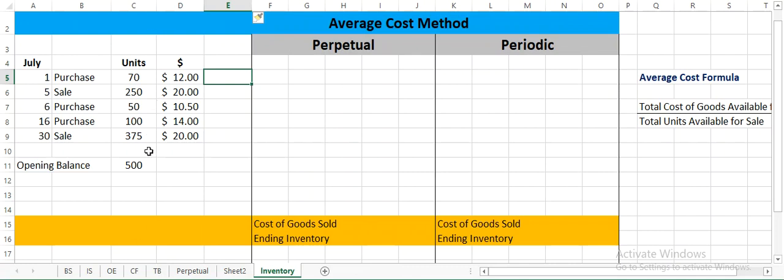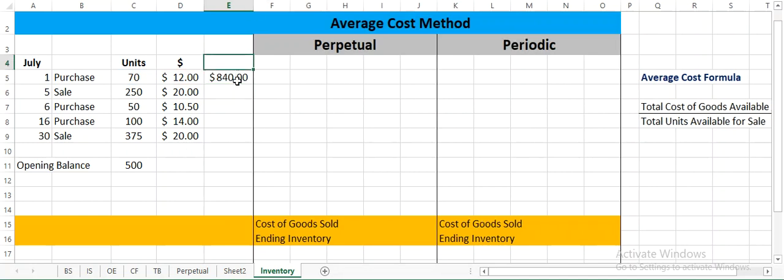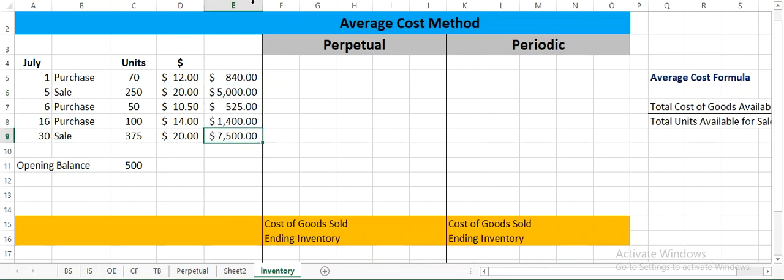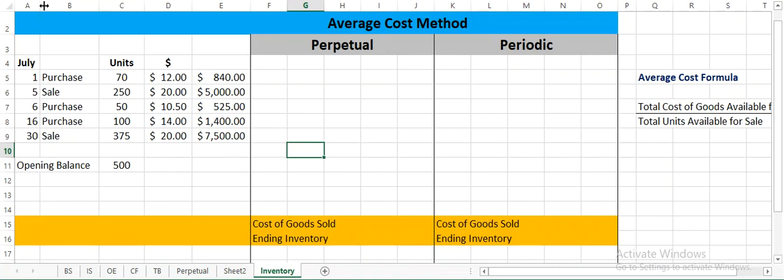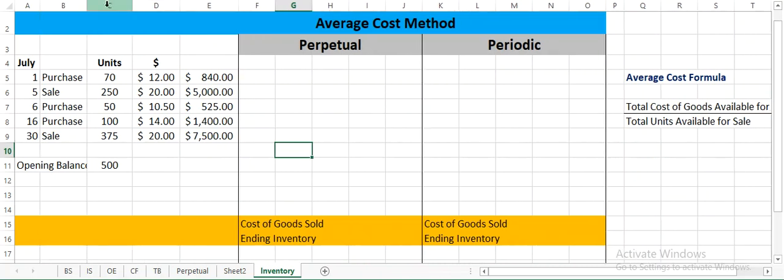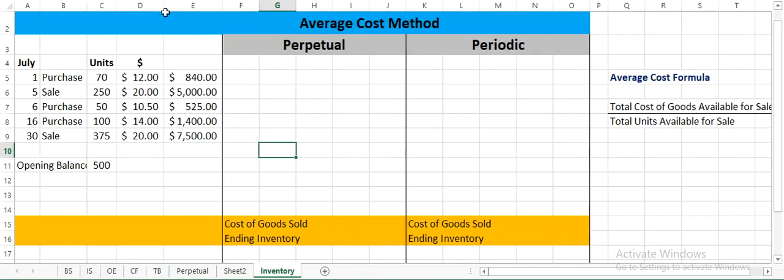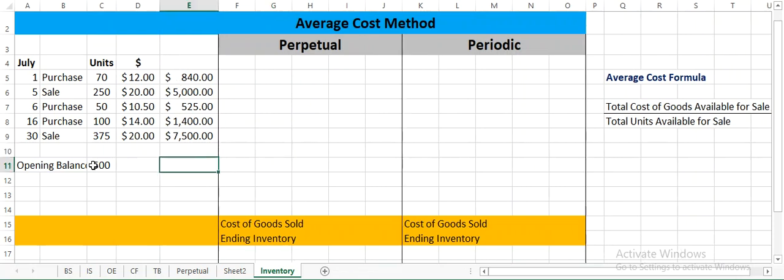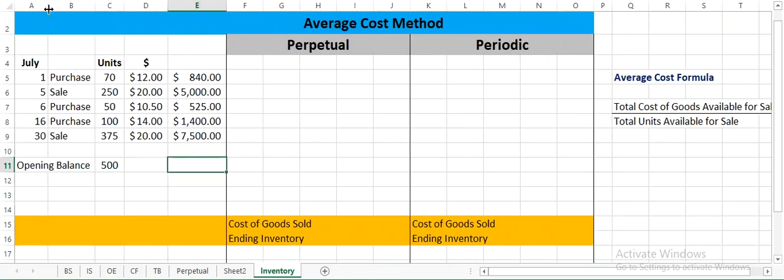We know the number of units and the amounts, so let's calculate the overall value by multiplying units by the dollar value. Hopefully we are familiar with Excel, because I can just drag and it calculates everything for me.